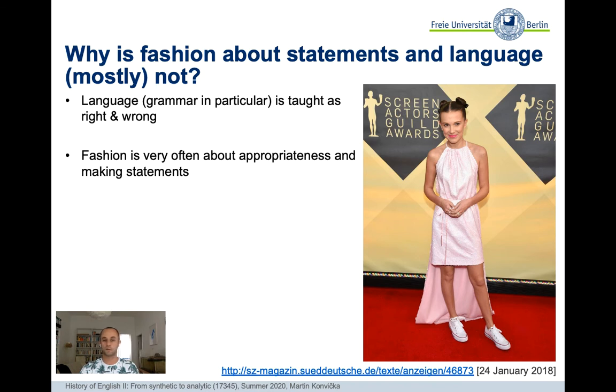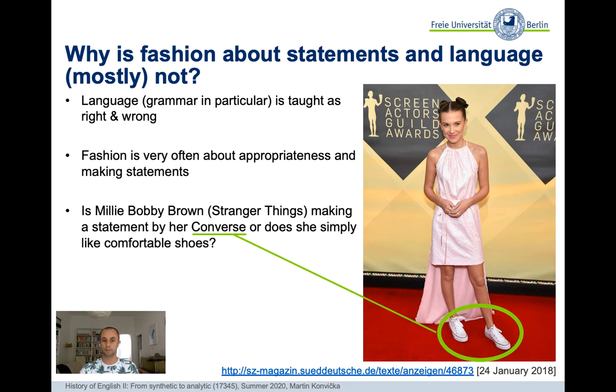But in terms of fashion, it's really more about appropriateness, and even if somebody does something inappropriate, as for example here, Millie Bobby Brown from Stranger Things, wearing Converse shoes on the red carpet, which is inappropriate actually, but this inappropriateness is not understood as something incorrect, but as a statement, right?